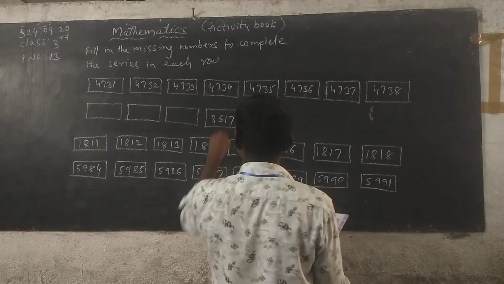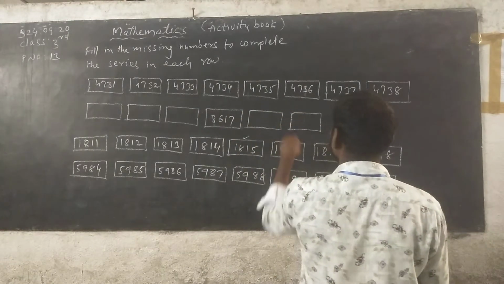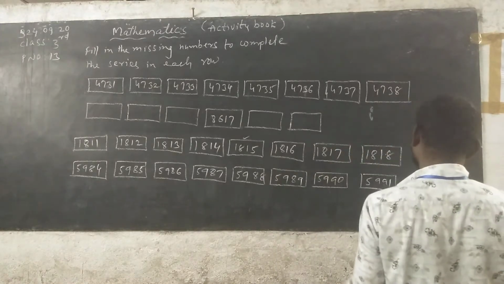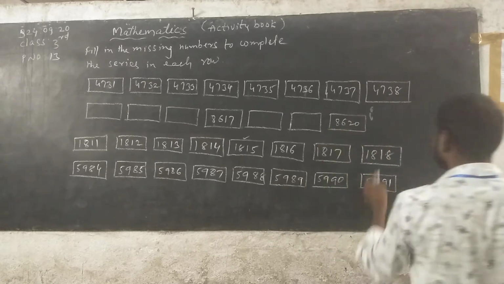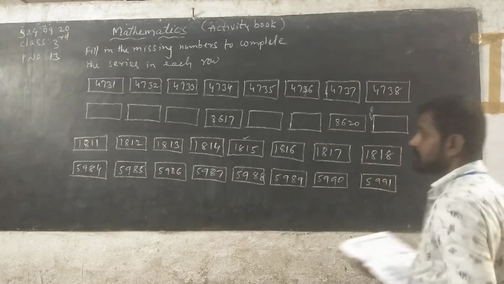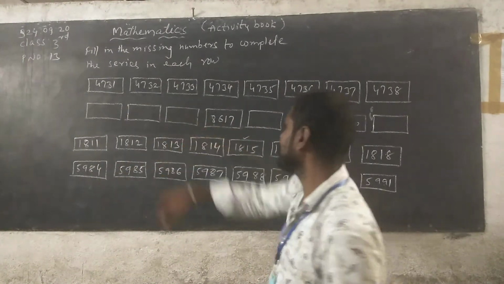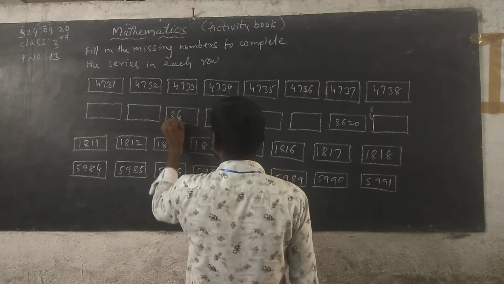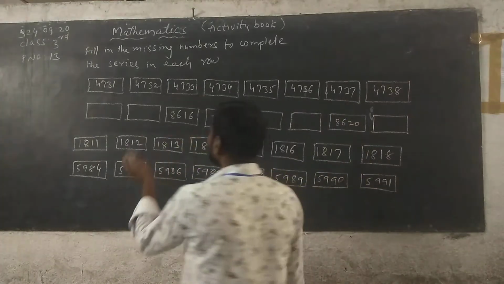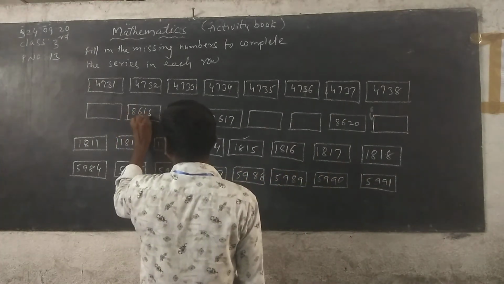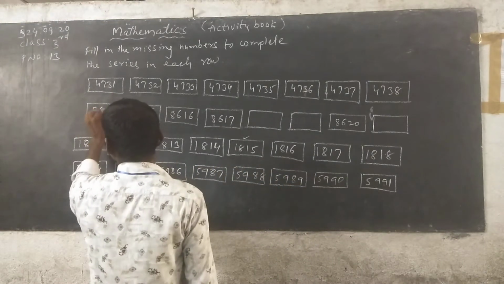Eight thousand 670, see here. 8617 before 8616, 8616 before 8615, 8615 before 8614.